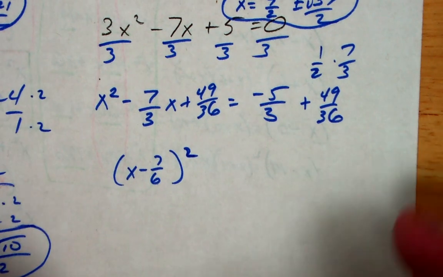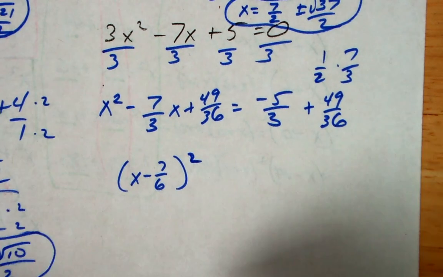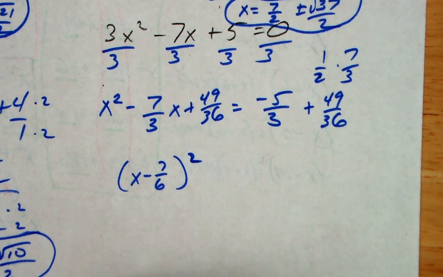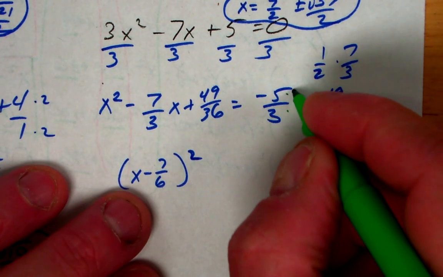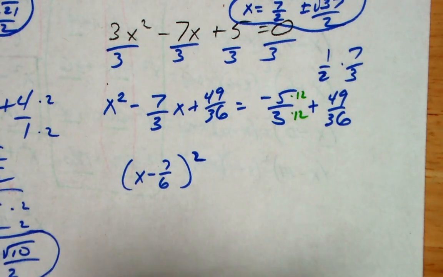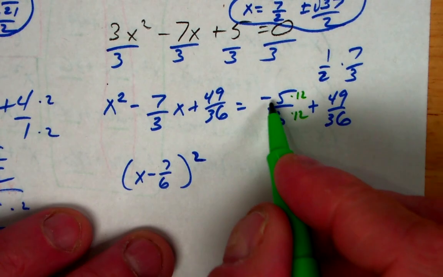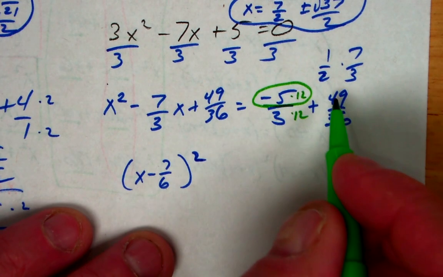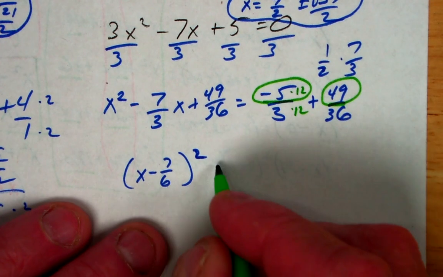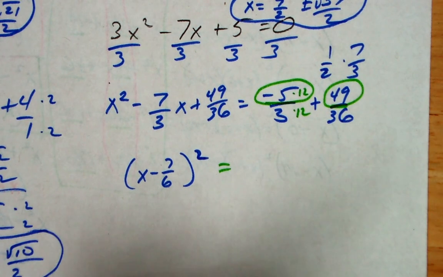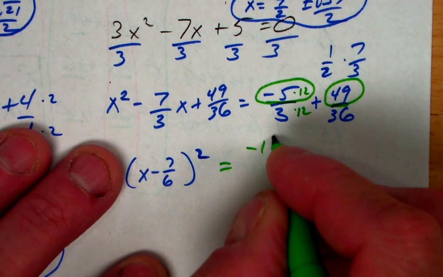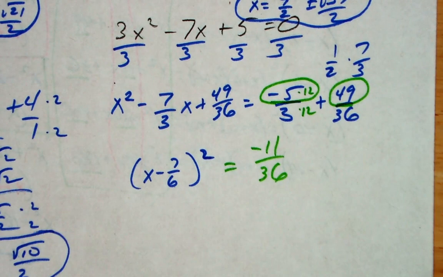Okay, so my common denominator between sixth and 36th. What would my common denominator be? 36. 36, so I'd have to multiply top and bottom here by 12. Okay. So think about that. Negative 5 times 12 plus 49. Negative 11 over 36.